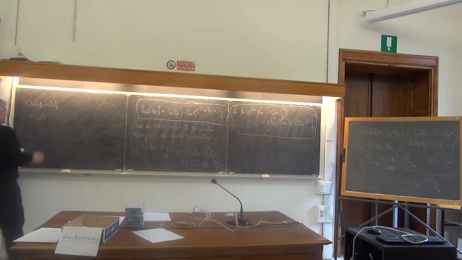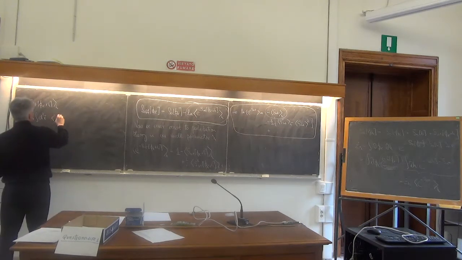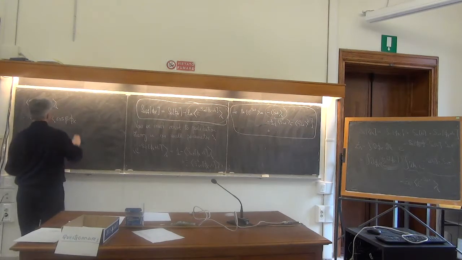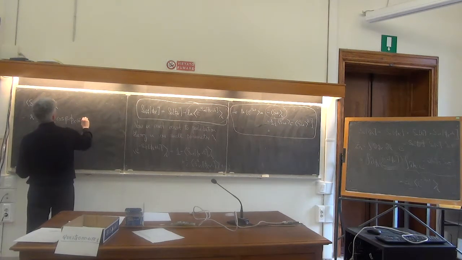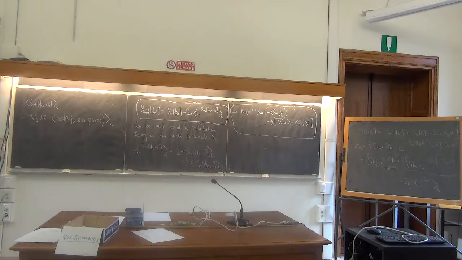So I dropped this one over a naught squared and I absorb it in the definition of the small parameter lambda. So sorry about that. So here I have a cosine beta phi lambda prime of x plus beta h of x. And I want to average this over h. Okay, so what is this?